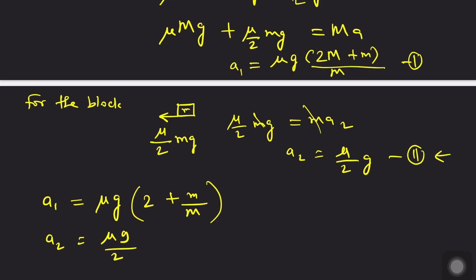Of course this one is bigger. It means the plank is lowering its speed at the faster rate, and relative to the plank, the block is losing its speed at a slower rate.